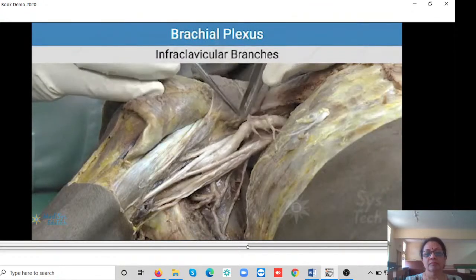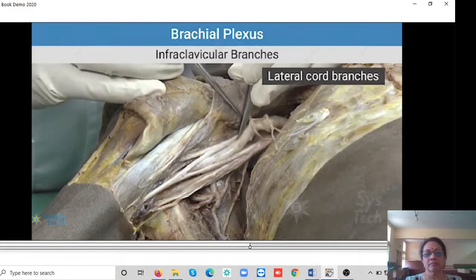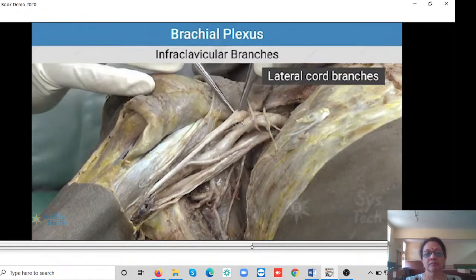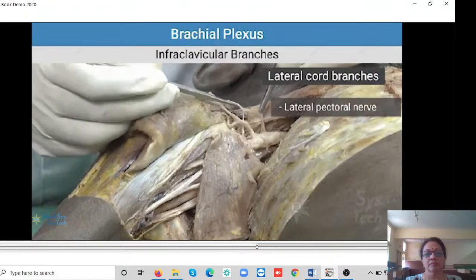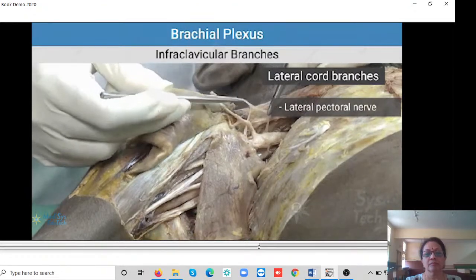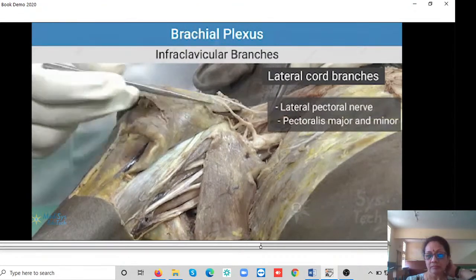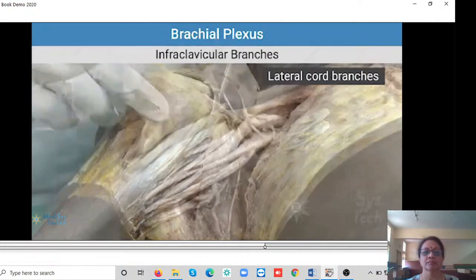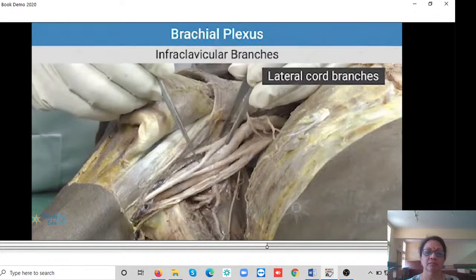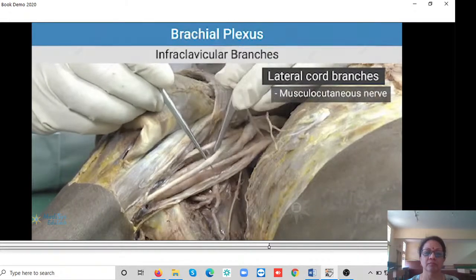Infraclavicular branches. From the lateral cord, 3 branches. First branch is the lateral pectoral nerve. This nerve pierces clavipectoral fascia and supplies the pectoralis major and minor muscle. The second branch is musculocutaneous nerve.